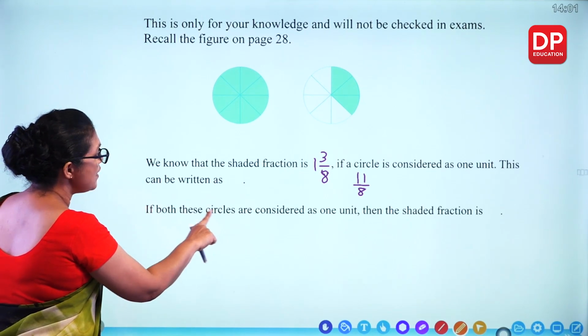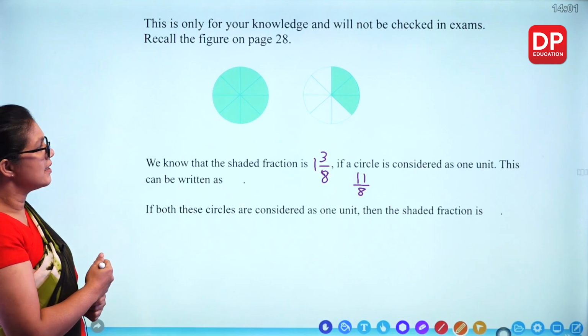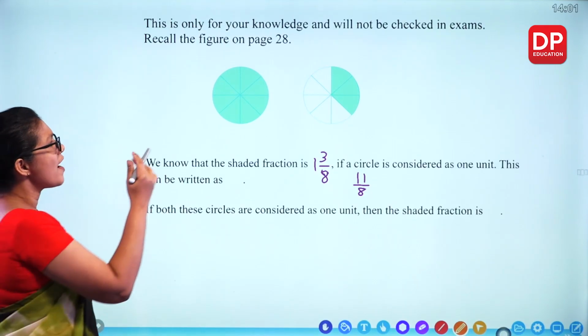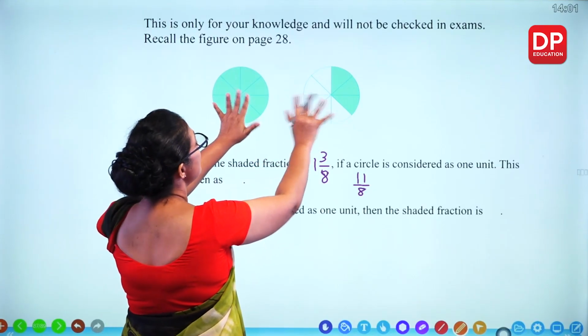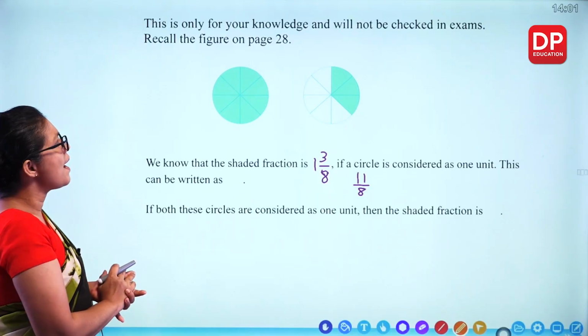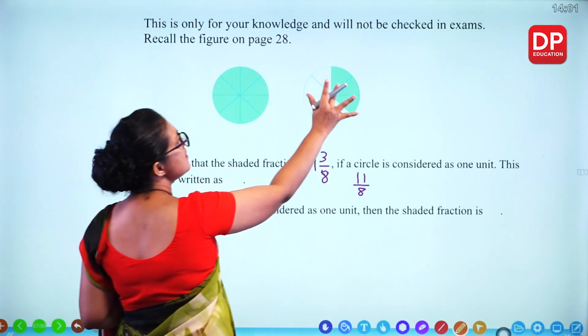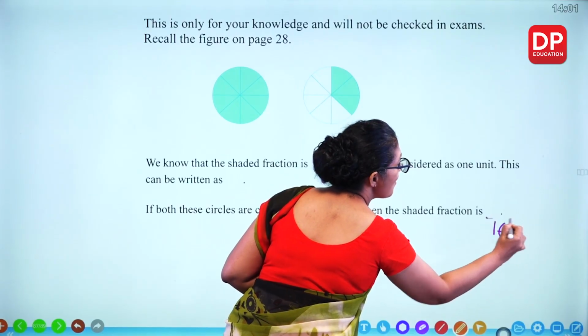But if both these circles are considered as 1 unit, then the fraction is changing. If both are considered as 1 unit, how many total parts are there? 8 here, this is 8. Altogether 16 parts are there.